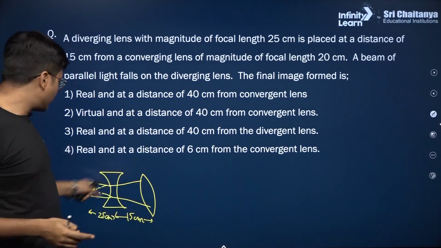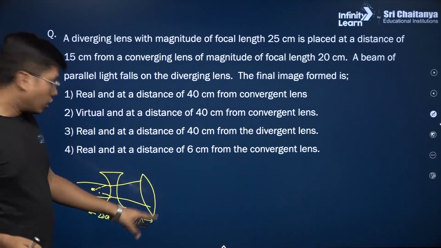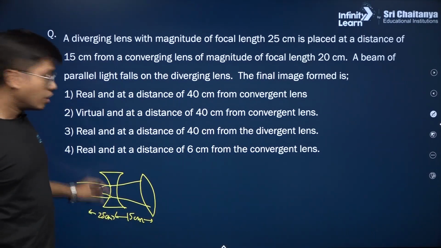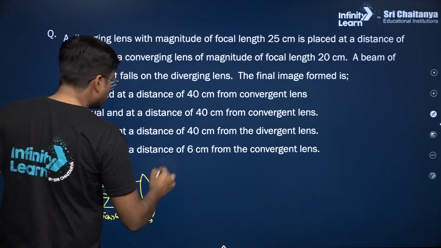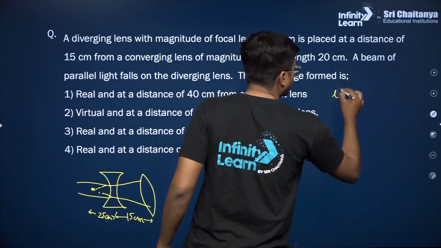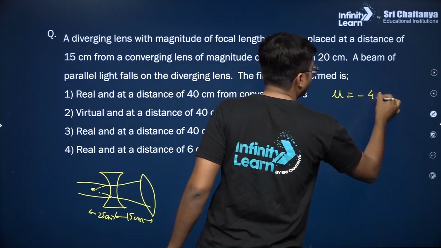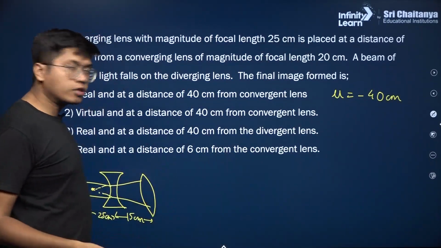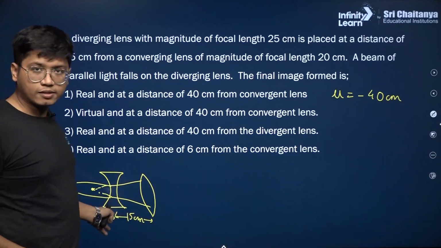Now this is the object for the converging lens. So the object distance becomes 15 centimeter plus 25 centimeter, so u is equal to minus 40 centimeter. Why do I put minus? Because it's on the left side of the lens.